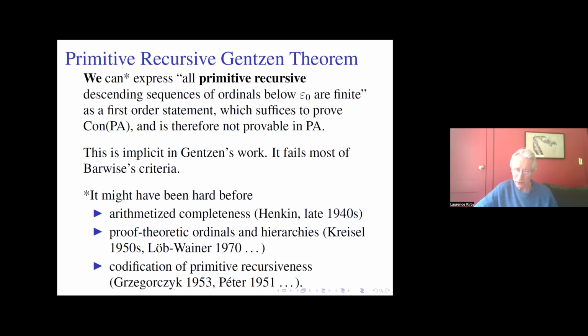There's all sorts of other intervening work which kind of help us to take for granted that kind of primitive recursive Gentzen theorems being first order, like Presburger's and Loeb and Wainer, and the hierarchies there. By the way, Loeb was Goodstein's student, and Wainer was Loeb's student. And again, the codification of primitive recursiveness in the 50s, Péter wrote a book on it in 51, I think.